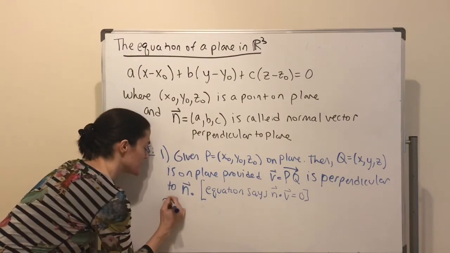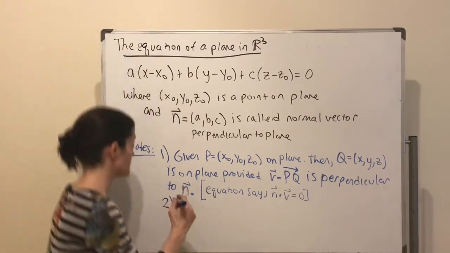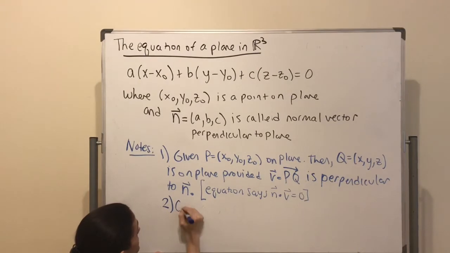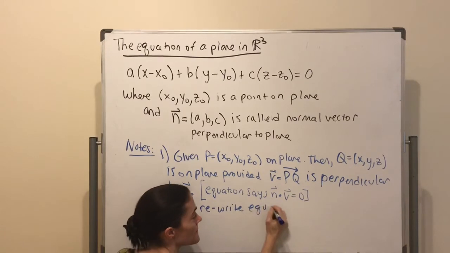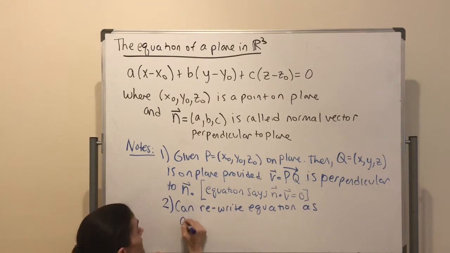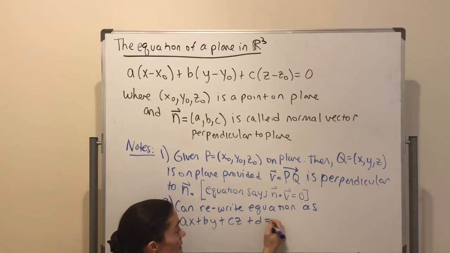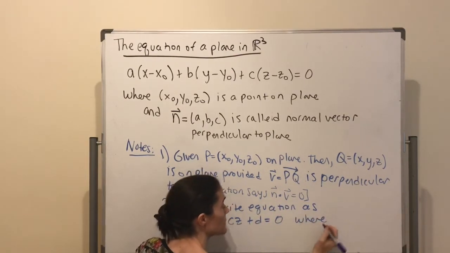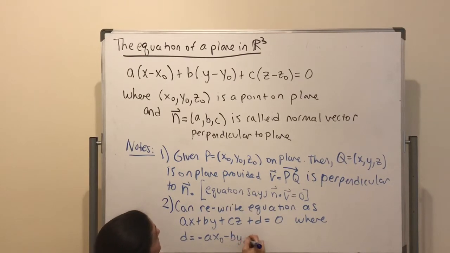Now, my other note: we can rewrite the equation as ax plus by plus cz plus d equals 0, where d is, well, let's see what this would be. It would be minus ax0 minus by0 minus cz0.